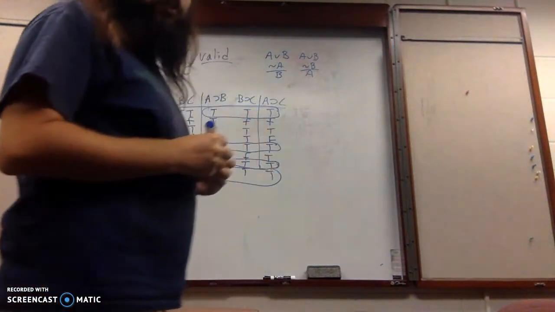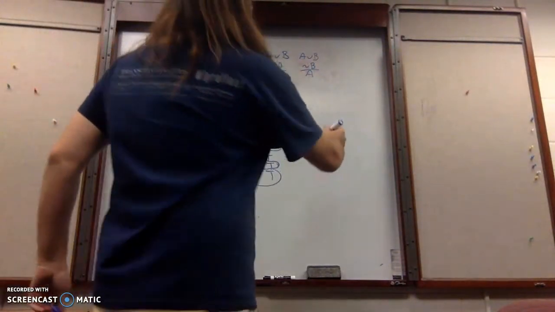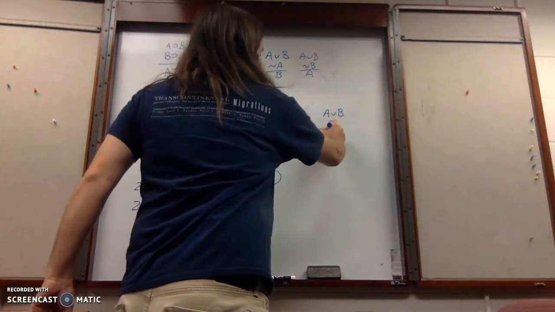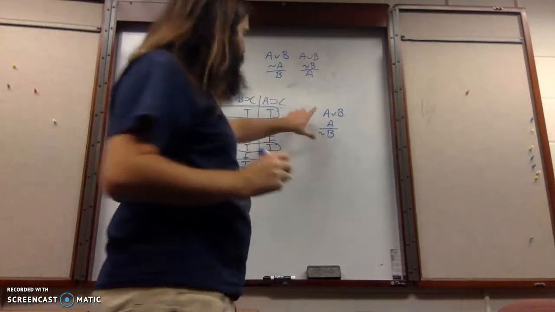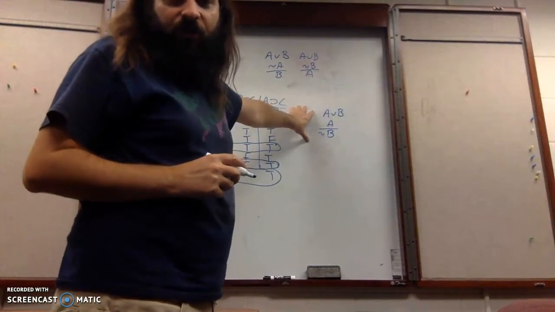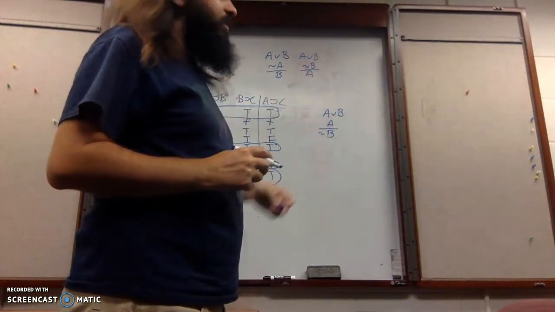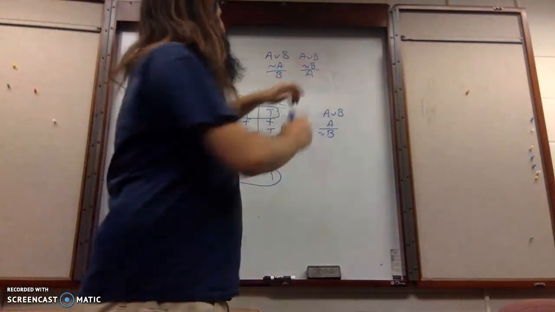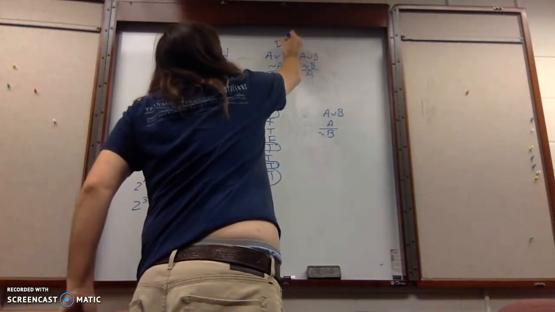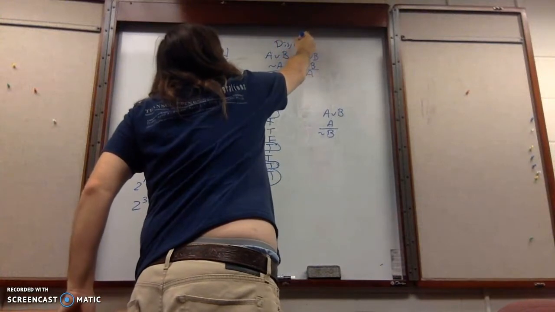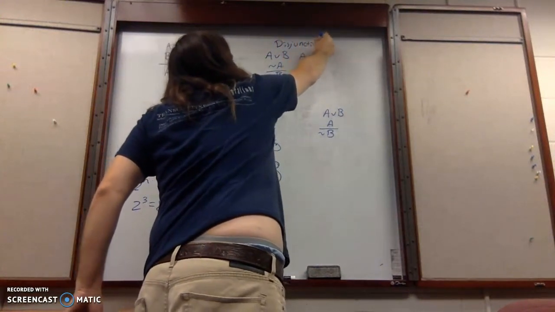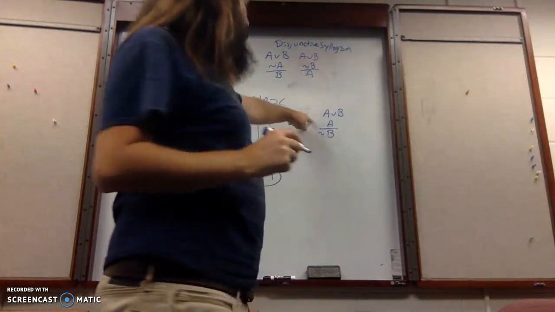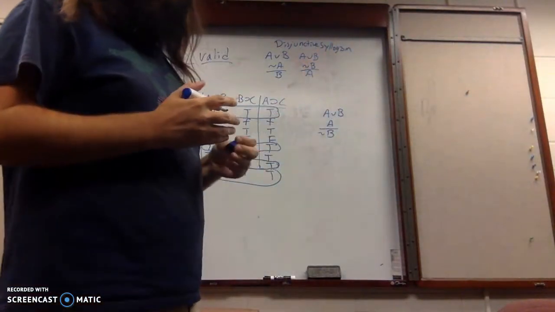The invalid argument we saw, A or B, A therefore not B, this is the invalid one. This is a commonly known logical fallacy. So here we learn two valid syllogisms and one fallacious argument.